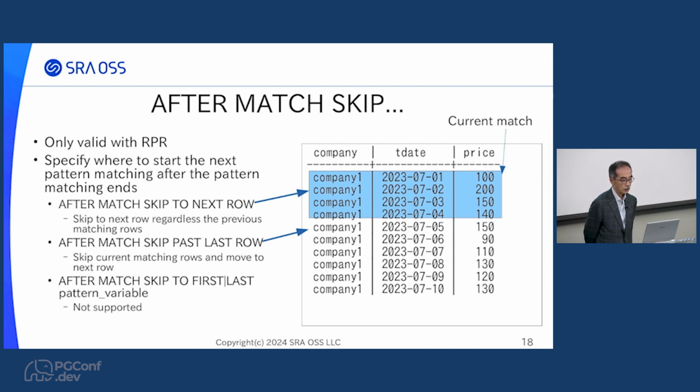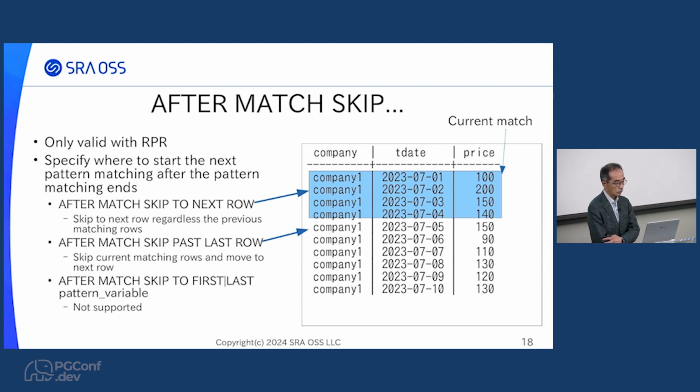If we specify after match skip to next row, the next pattern match will start at the row of July 2nd, because this is the second row. And if we specify after match skip past last row, then the next pattern match shall start at July 5th, because this one specifies to skip the previously matched rows.